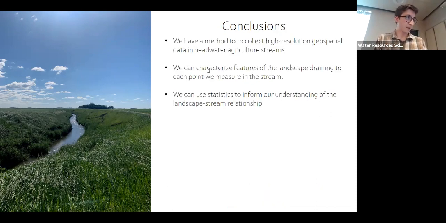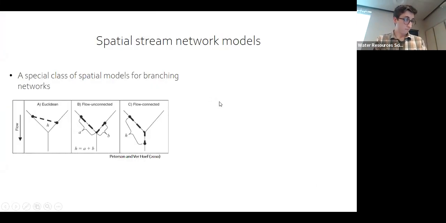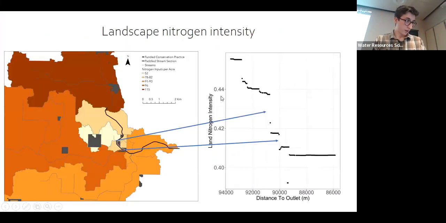So I'm going to go back to this slide. Here we have a confluence, and we see that this confluence drains this area. This gray field here is an area that's a funded conservation practice.